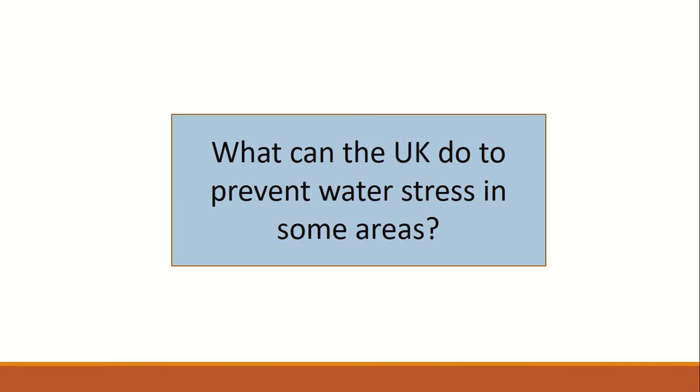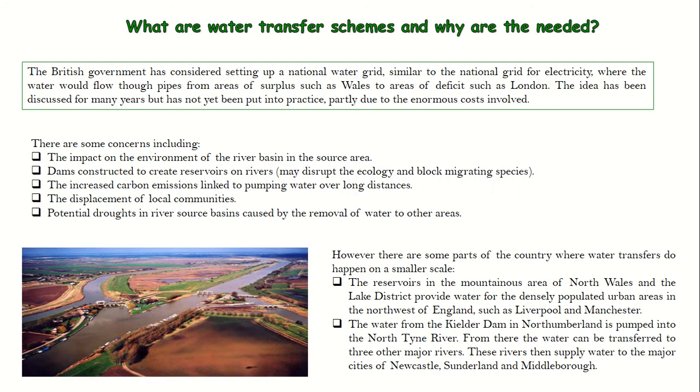Okay, so what can the UK do to prevent water stress in some areas? Well, in order to combat that problem of water surplus and water deficit, the UK is creating something called a water transfer scheme. What the UK government considered was setting up a national water grid, similar to the one we have for electricity, which would flow water from areas of surplus, such as Wales, to areas of deficit, such as London.